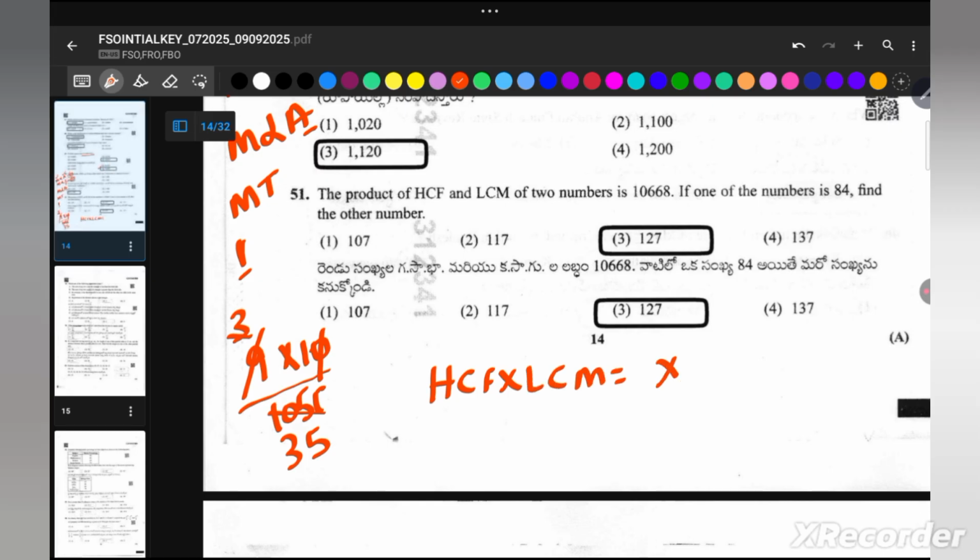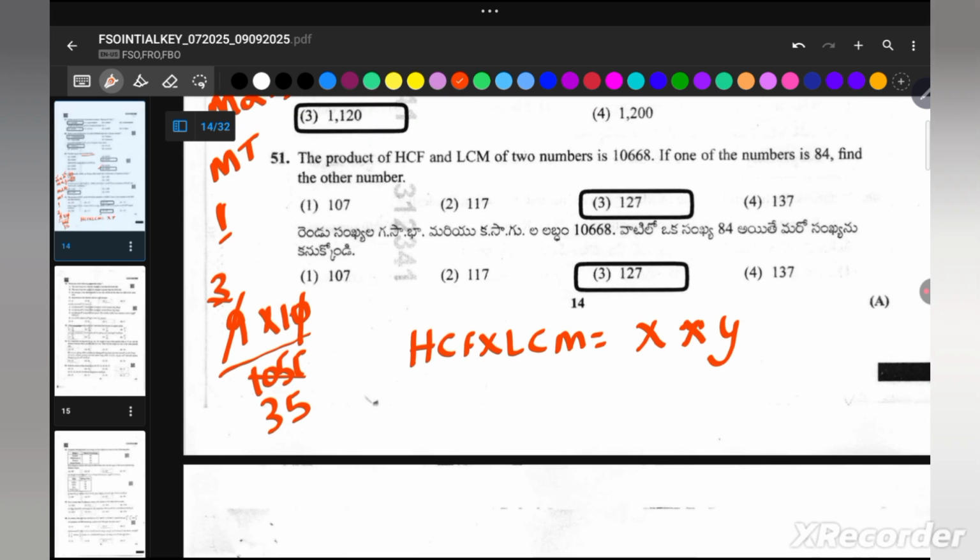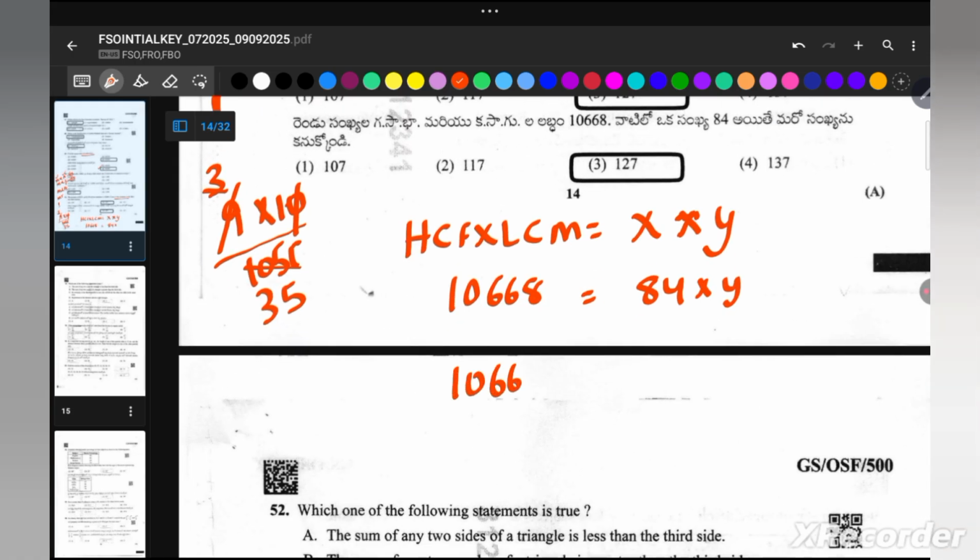Let us take X and Y. They gave that the product of the HCF and LCM is 10668 and one of the numbers is 84, and the other number we need to find out. If you divide 10668 by 84, you will get Y equal to 127. That's how we got this answer.